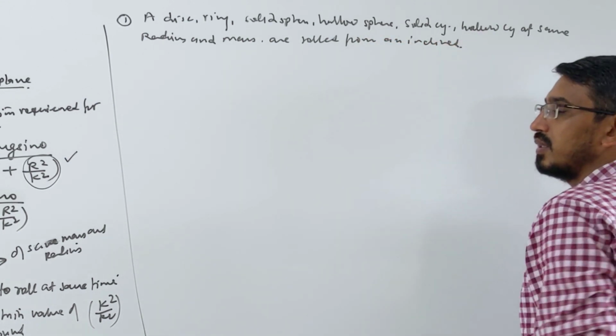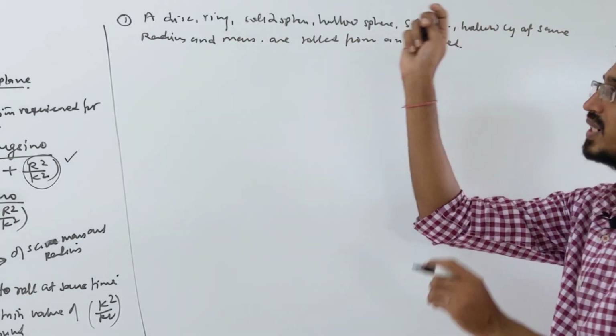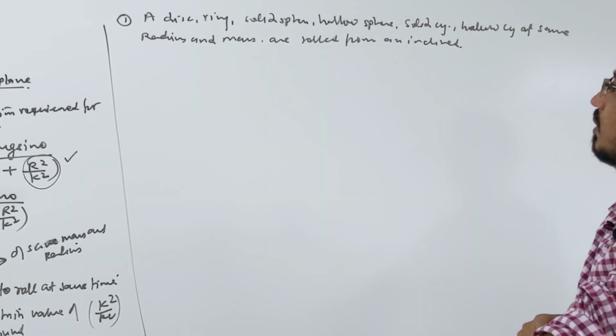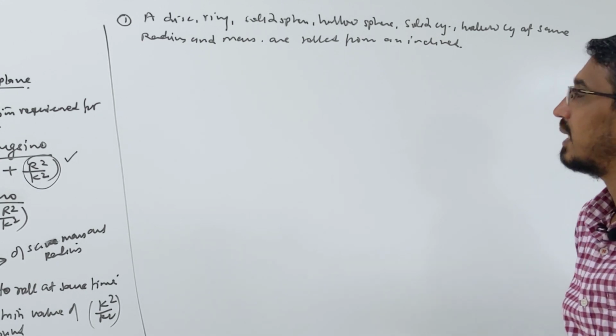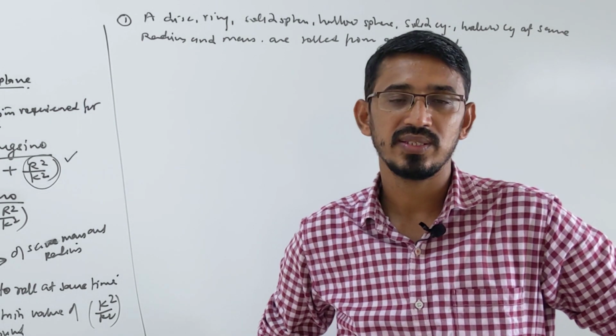How many objects did I write? 1, 2, 3, 4, 5, 6 objects. They are allowed to roll from an incline, and we have to arrange them by who comes first to the ground and who comes last.